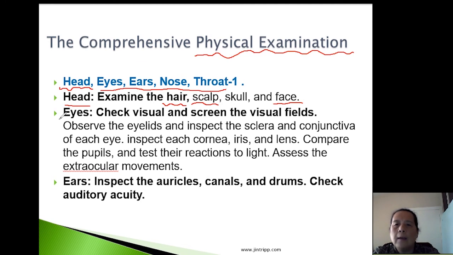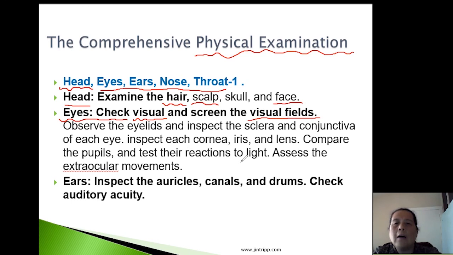And when checking the eyes, when we ask questions, we ask about vision. We're checking the eyes, and we're checking the vision also, and the visual field. We're still talking about the detail later.